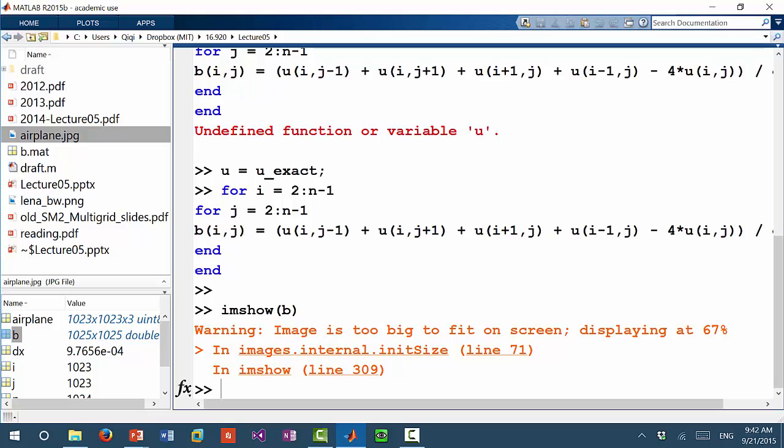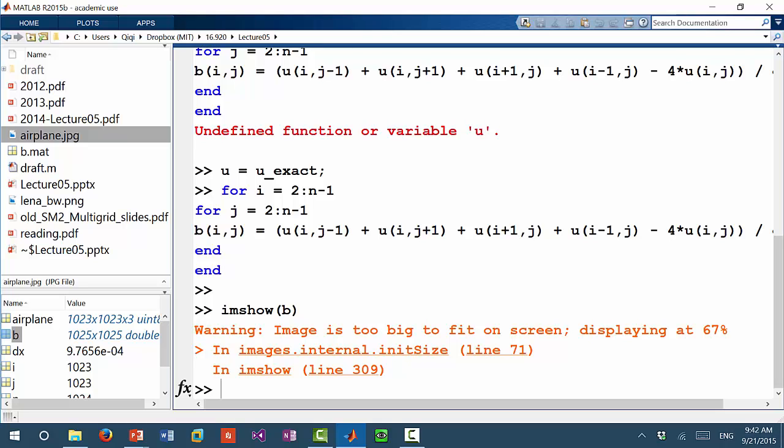This is a very common way of assessing how good a numerical procedure is: first construct an analytical or known solution, then compute the right hand side of either a discretized system or an analytical PDE, then give that right hand side to a solver and ask it to reproduce the exact solution that I know beforehand.